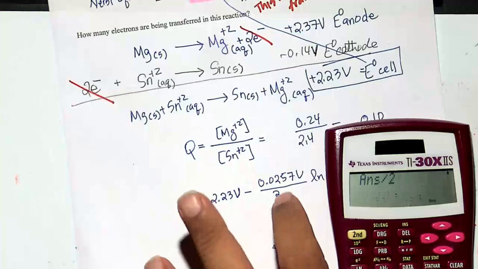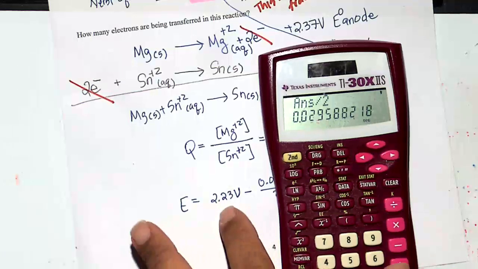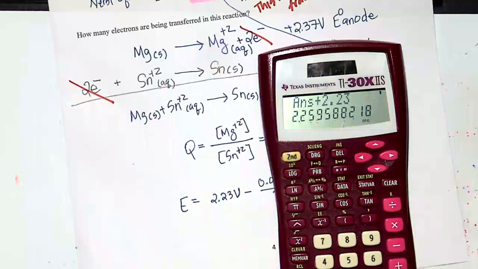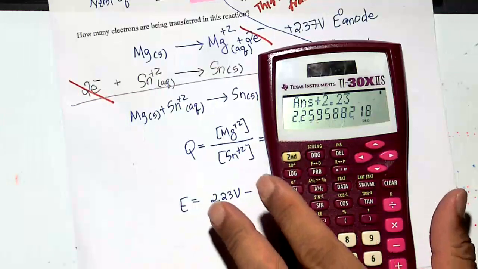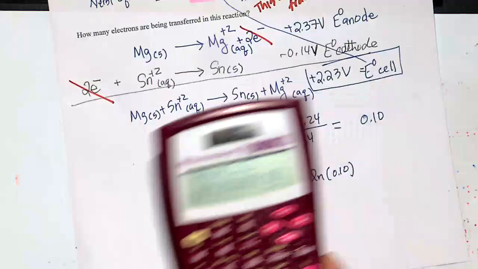We're going to divide this by 2, plus 2.23 volts. So I'm getting about positive 2.26 volts as my answer. Positive 2.26 volts.